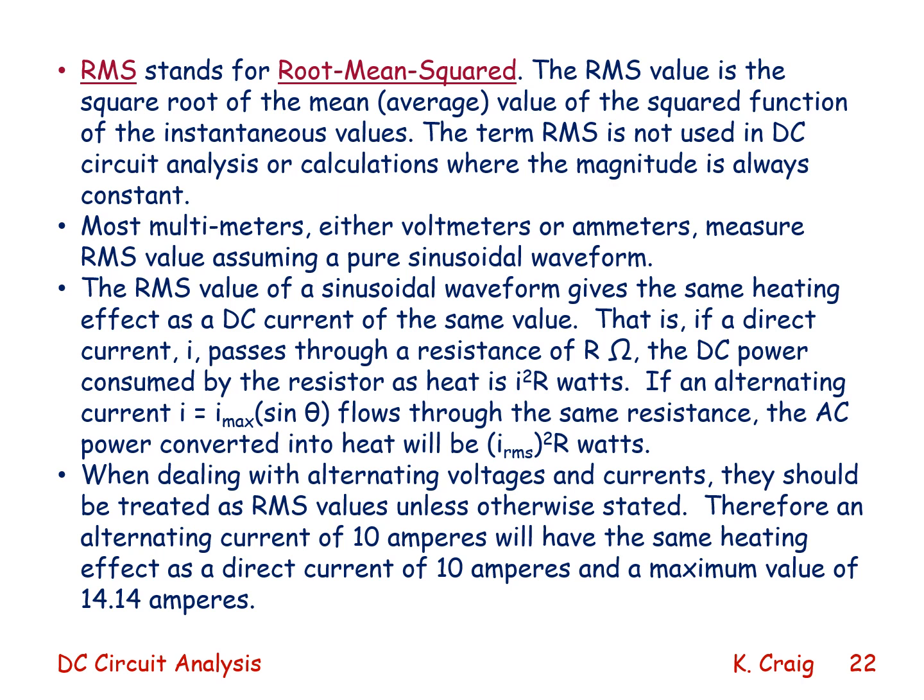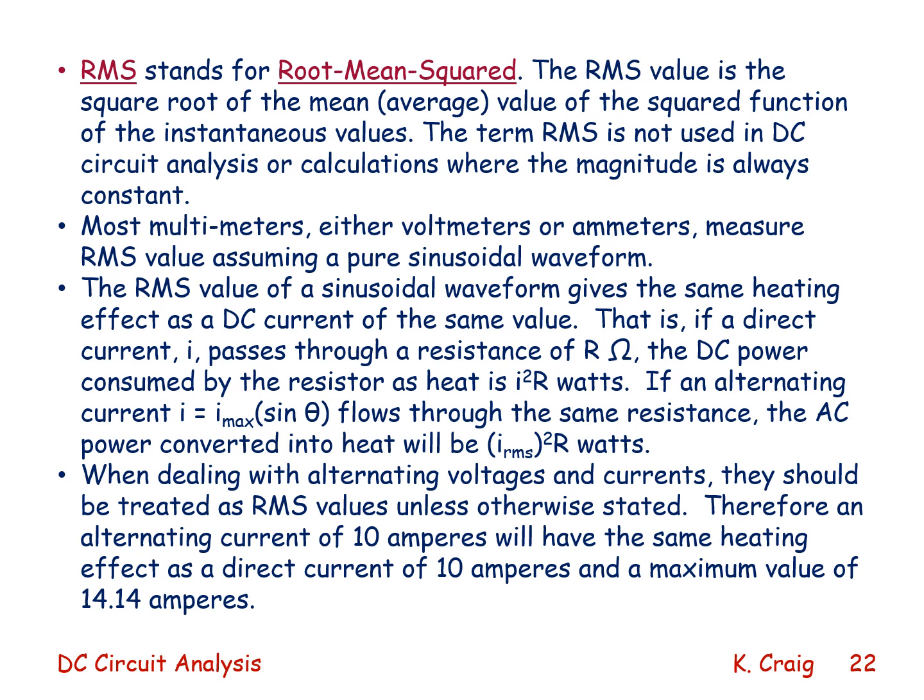That is, if a direct current, I, passes through a resistance of R ohms, the DC power consumed by the resistor as heat is I squared R watts. If an alternating current, I equal to I max sine of theta, flows through the same resistance, the AC power converted into heat will be the I RMS value squared times R watts.